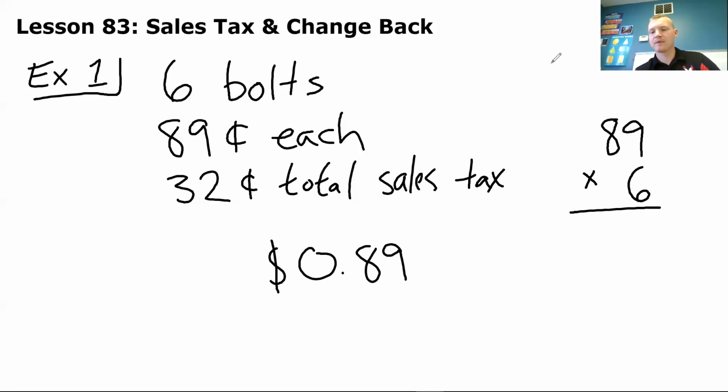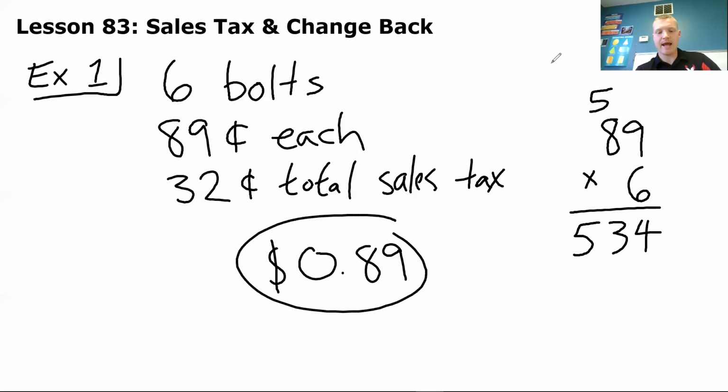So 9 times 6 is going to be 54. Carry my 5 over. And then 6 times 8 is 48. Plus another 5 is going to be 53. So just like over here in my 89 cents, I'm going to have to move over my decimal place two places.